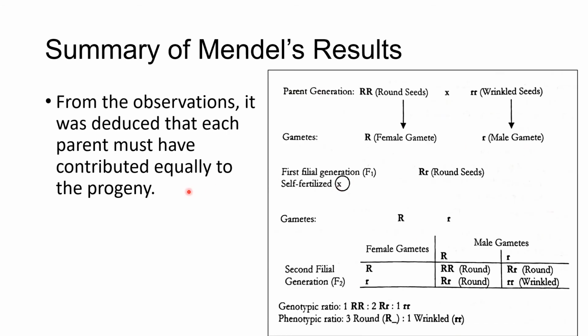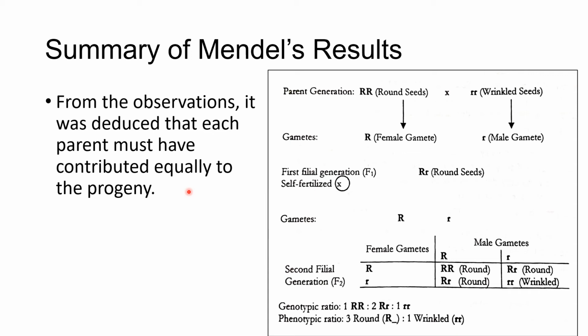So, from the observations, it was deduced that each parent must have contributed equally to the progeny. So, parang equal pa rin yung contribution ng mga parents kahit sabihin natin na yung nakikita mo lang is yung trait na nanggaling sa isang parent, pero in reality meron pa ring ambag yung isang parent.